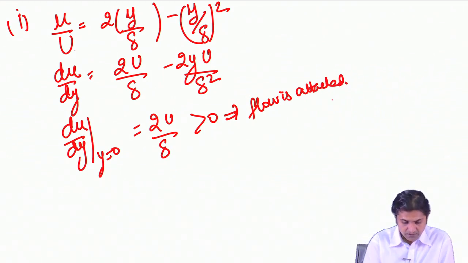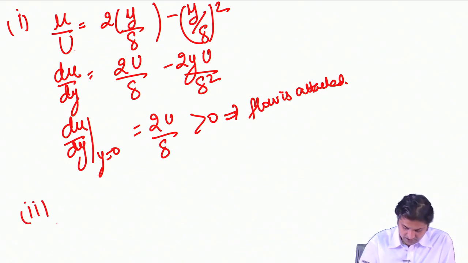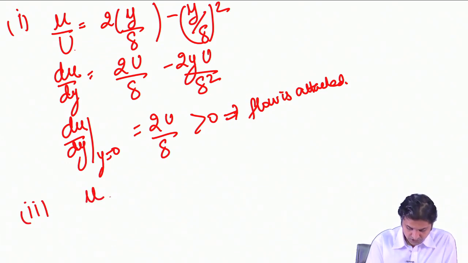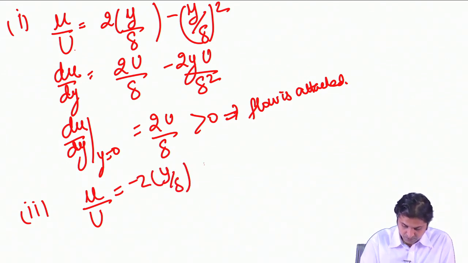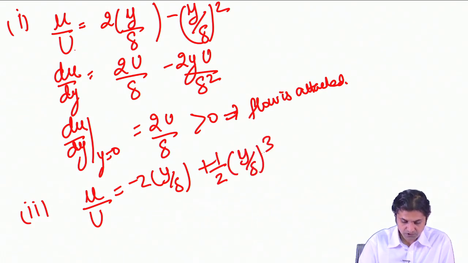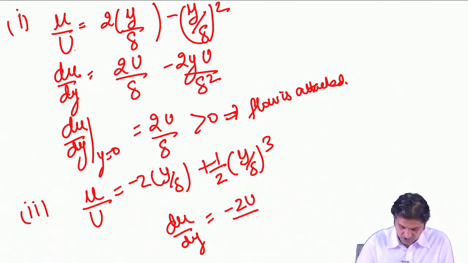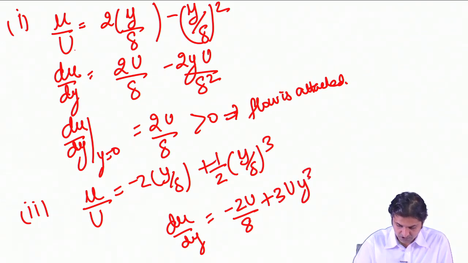The second velocity profile, where u/U is minus 2 y/delta plus half (y/delta) whole cube. Here du/dy is going to be minus 2U/delta plus 3U y squared by 2 delta cube.